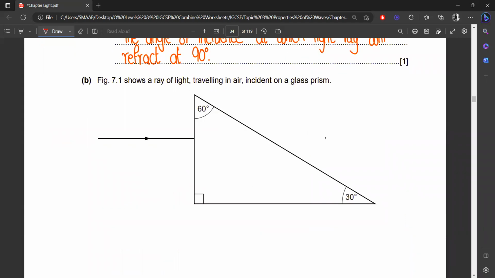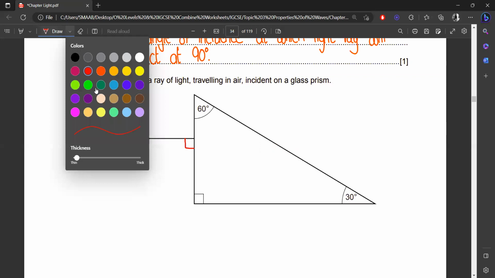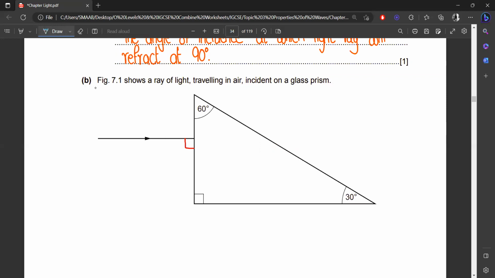So first of all, light is moving from rare to dense medium, and we know that when light enters perpendicular to the medium, light will move straight without bending, right? Yes. So light is moving just perpendicular to it. So it will move without any refraction over here, move like this.